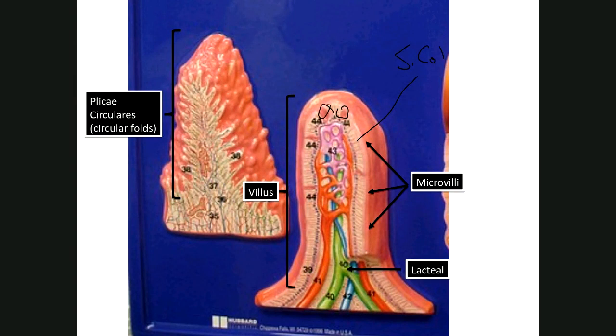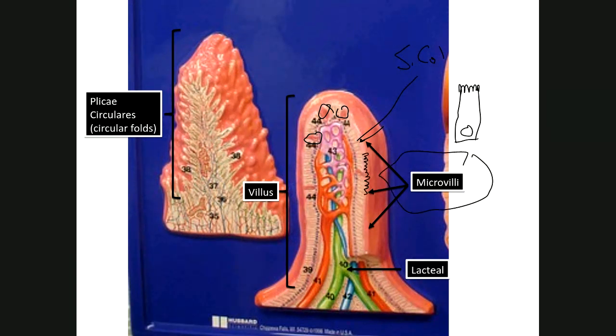But remember, simple columnar, if you look at it, they're tall, skinny cells. And some of these, remember, have cilia, but a lot of them have folded up membrane up here. And that's exactly what you see right there. The tops of these cells are folded up. And so we get even smaller villi called microvilli.